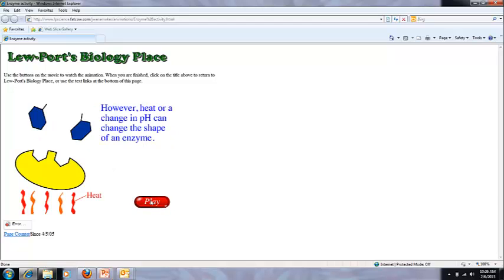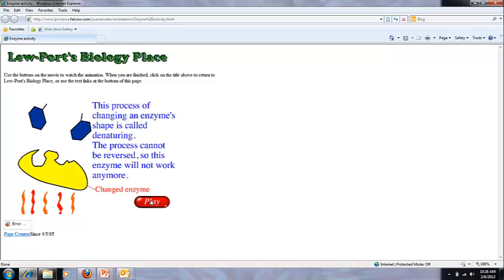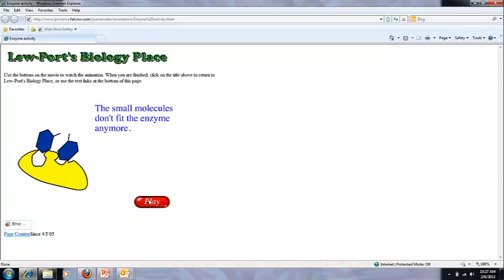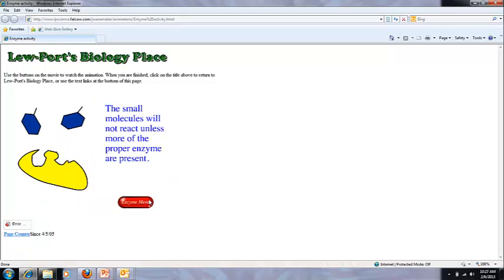Now let's see what happens when we add extreme heat. Okay, notice how the enzyme shape changed, and these substrates aren't going to be able to fit into this specific enzyme because of the extreme heat. Now it does not fit. The small molecules, they can't react, and they won't be able to find each other.